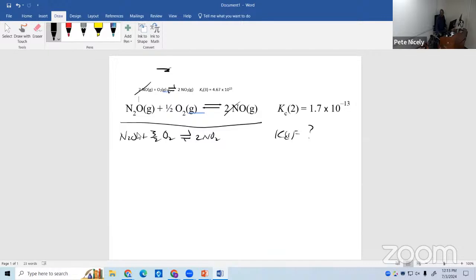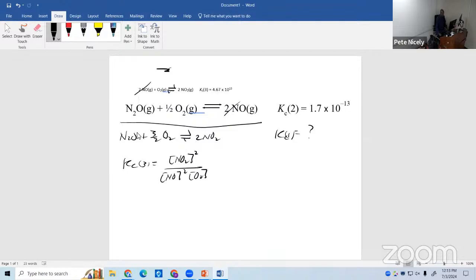Now, let's write down what KC3 is equal to based on this. That would be equal to the concentration of NO2 squared, divided by the concentration of NO squared times the concentration of O2.